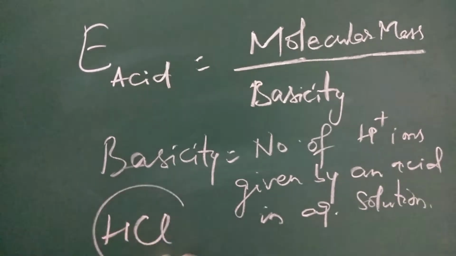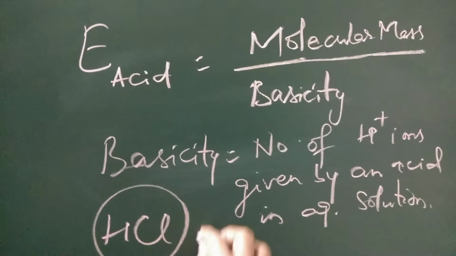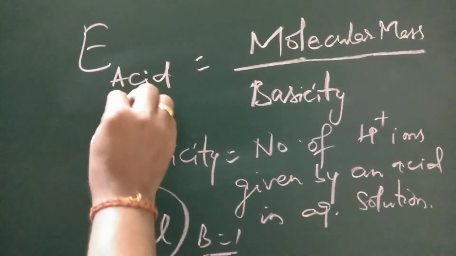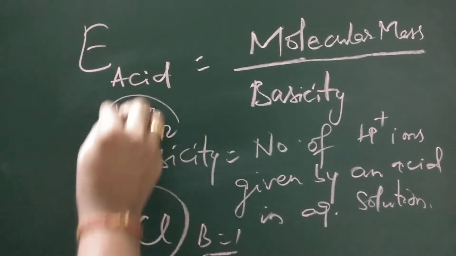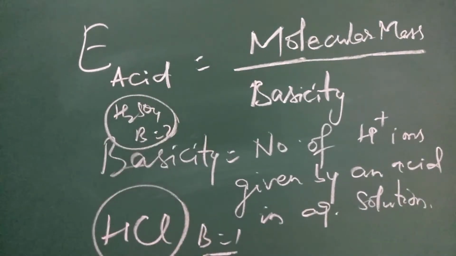HCl only gives one H plus, therefore its basicity is 1. Suppose H2SO4: H2SO4 gives 2 H plus, so its basicity is 2. So the equivalent weight of HCl is m by 1, whereas the equivalent weight of H2SO4 is m by 2.